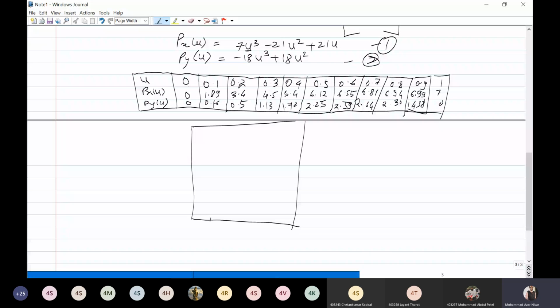So you have to plot up to 7 in x and y, starting from 0, 0, then point 1. In this way you have to plot all the points, and I think the curve comes.